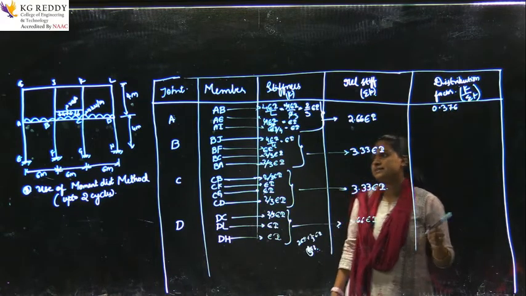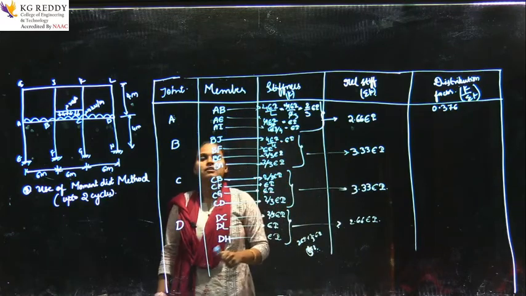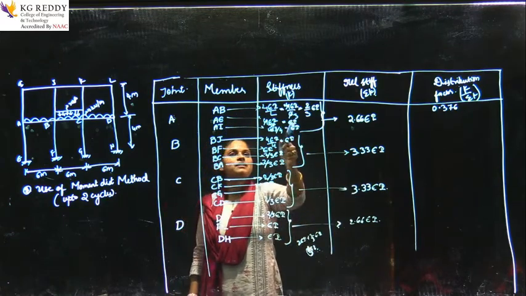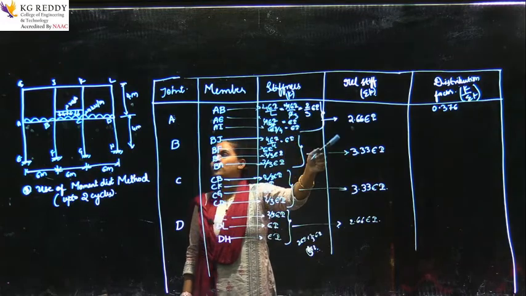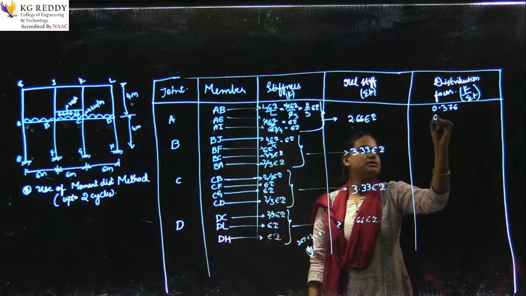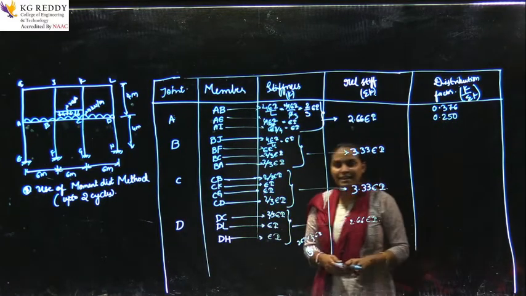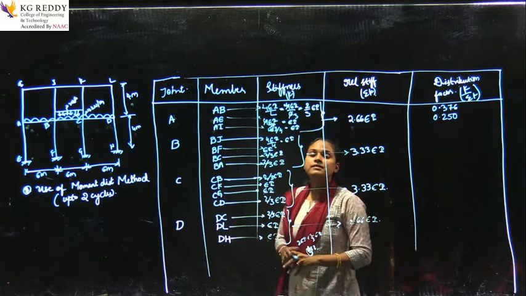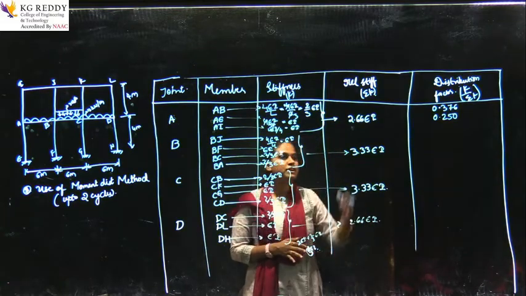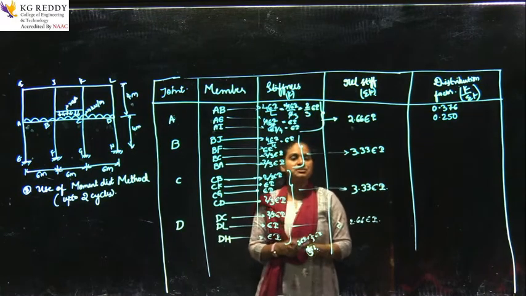Okay. Next, for A member you have AB, AE and AI. So whatever you calculate, next EI by 2.66 EI, you will get it as 0.250. Yes, are you all calculating? Yes. In the same way, just note down all the values of each and every distribution factor.